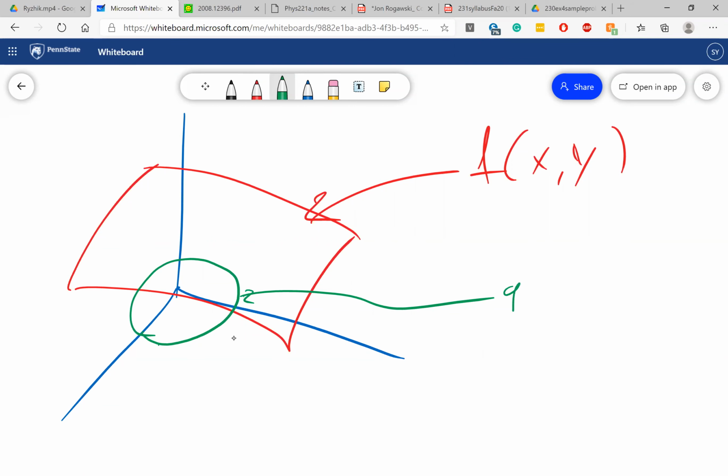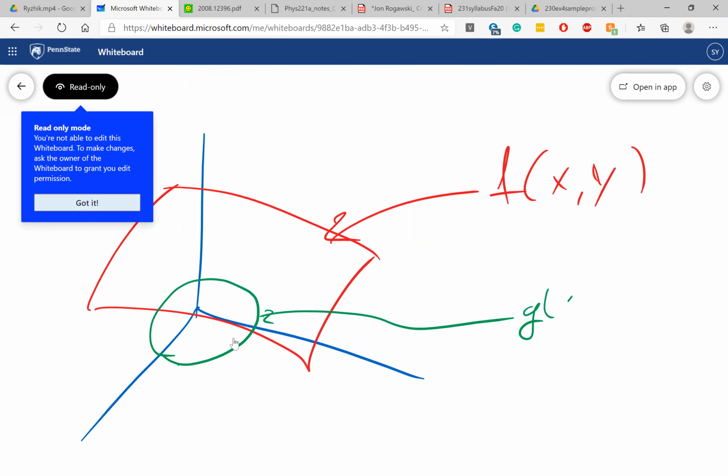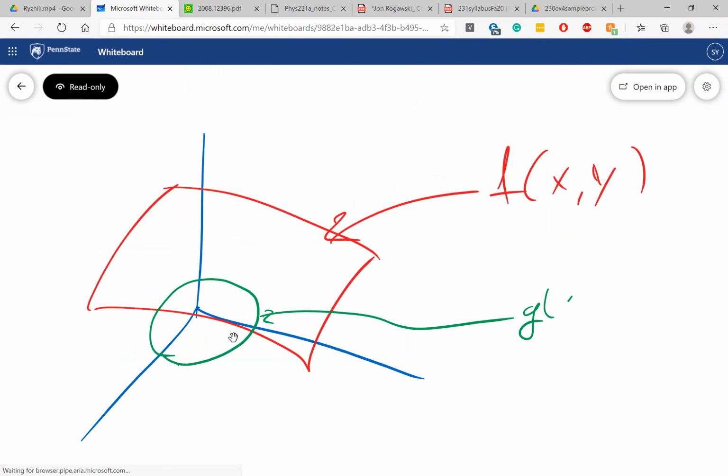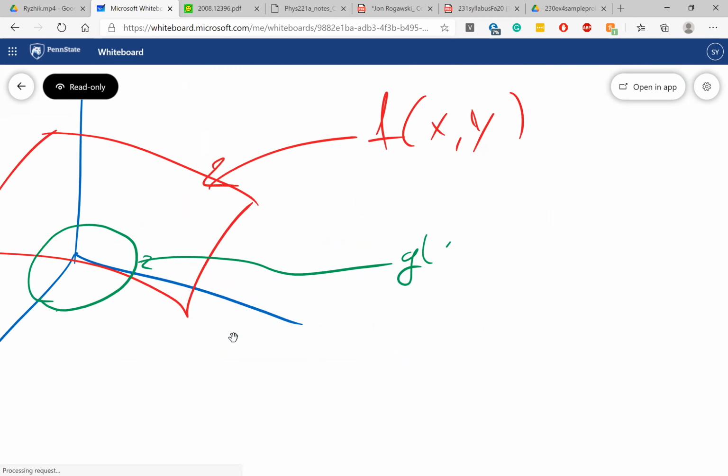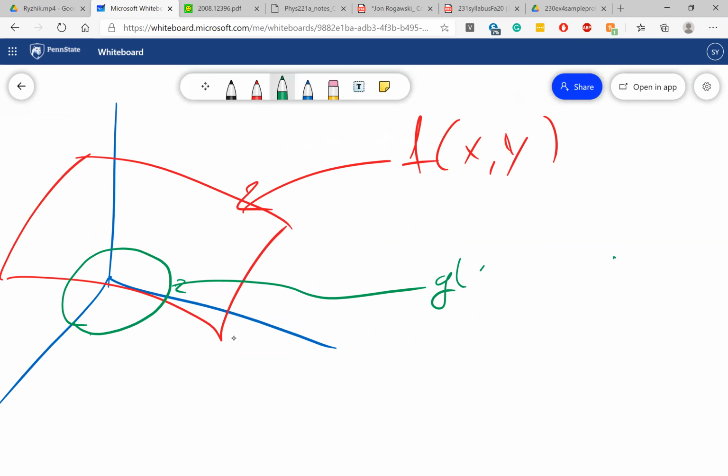So this would be the function g of x, y, maybe it would be x squared plus y squared is equal to 4, and it would constrain the possibilities of the points that we're looking at.